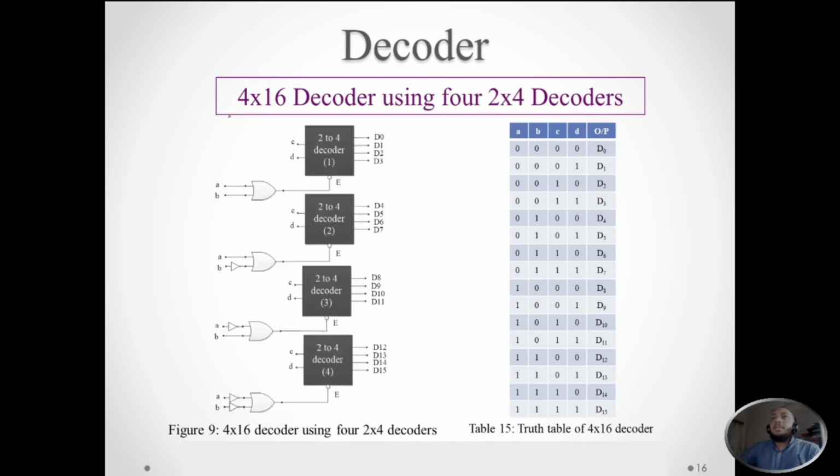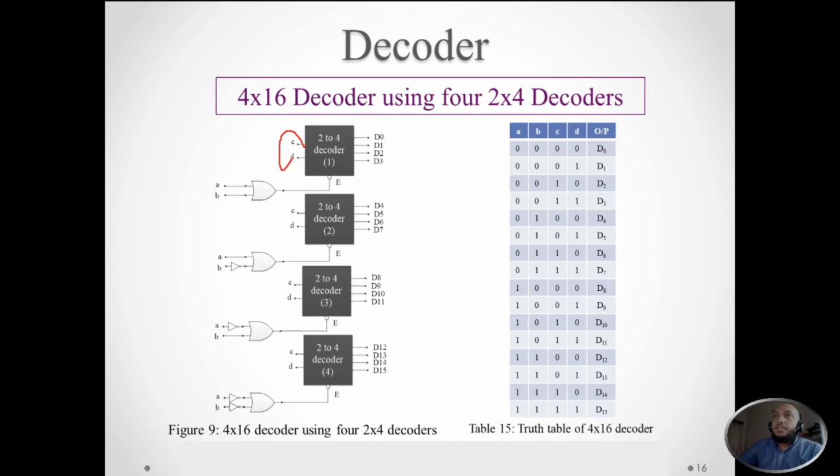Similarly, we can make a 4:16 decoder using 4 2:4 decoders. This is the circuit, this is the logic diagram for making 4:16 decoder using 4 2:4 decoders. Let's see how does this circuit operate.